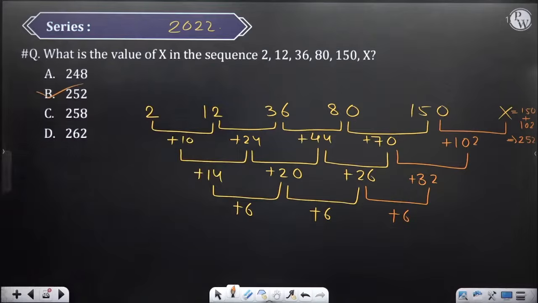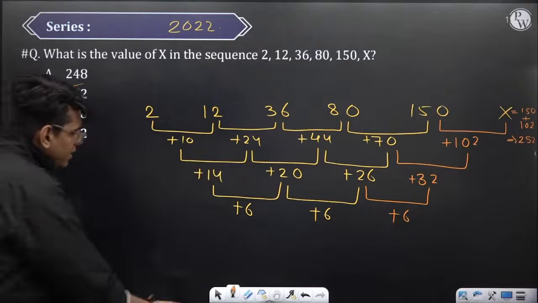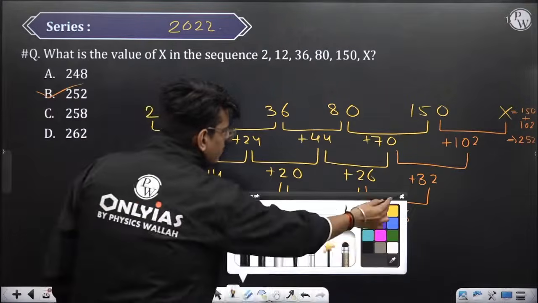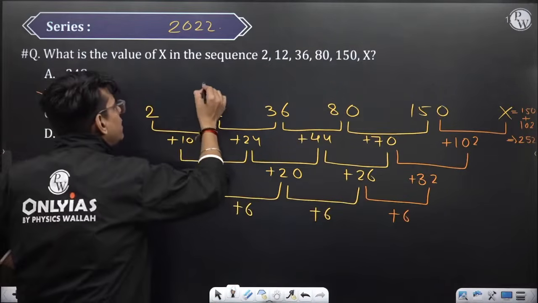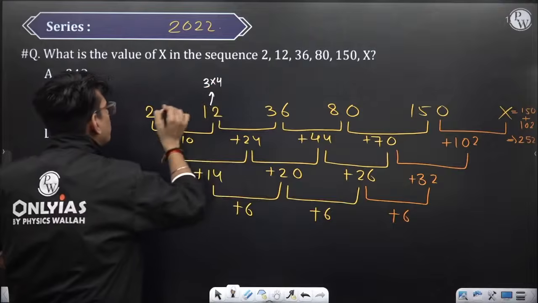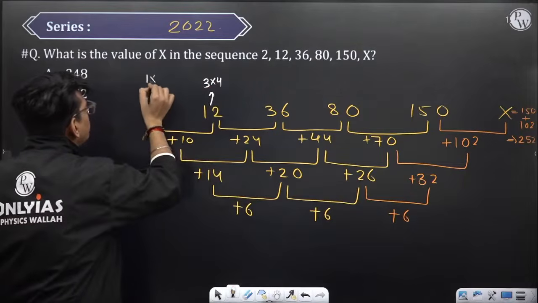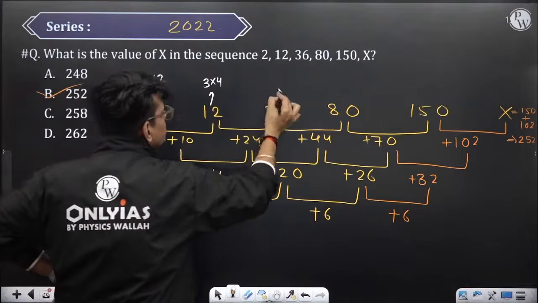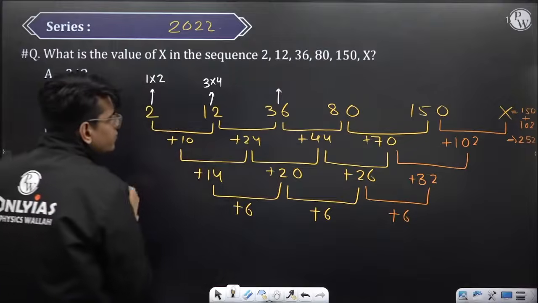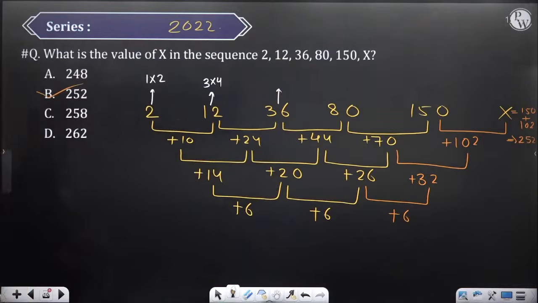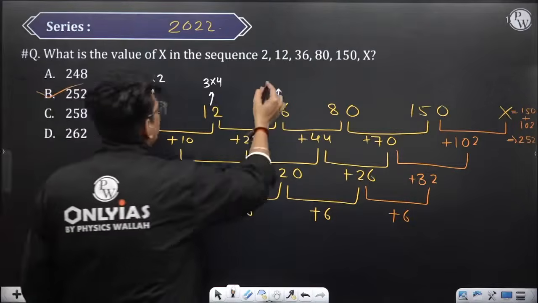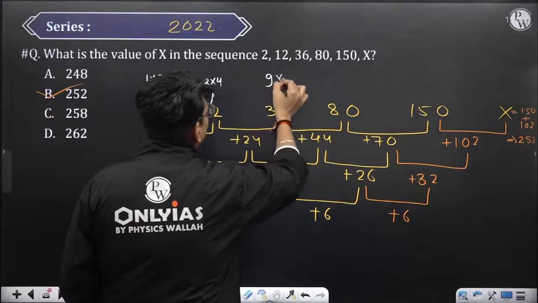Another method you can think of is, if you look at it, this is 1 into 2. This is 4 into 3. This is 9 into 4.